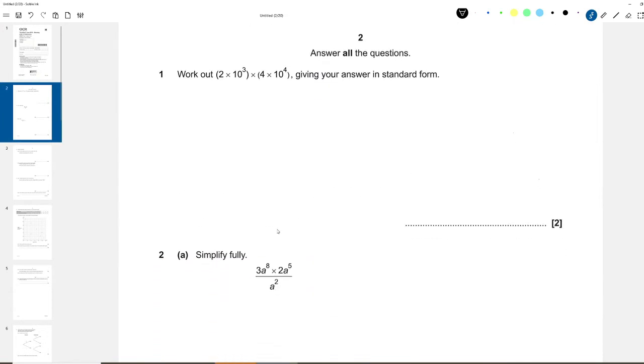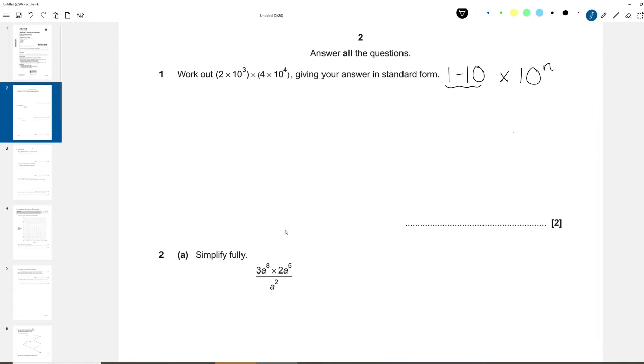So, question 1. It says work out 2 times 10 to the power 3 times 4 times 10 to the power 4, giving your answer in standard form. So remember, standard form is a number between 1 and 10 times 10 to the power of a number.